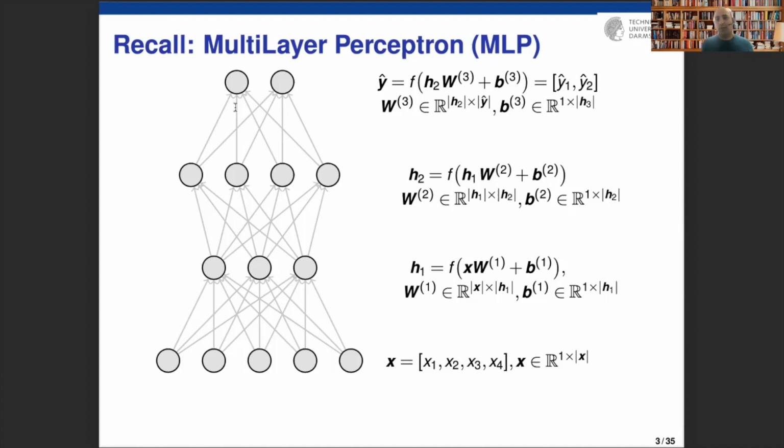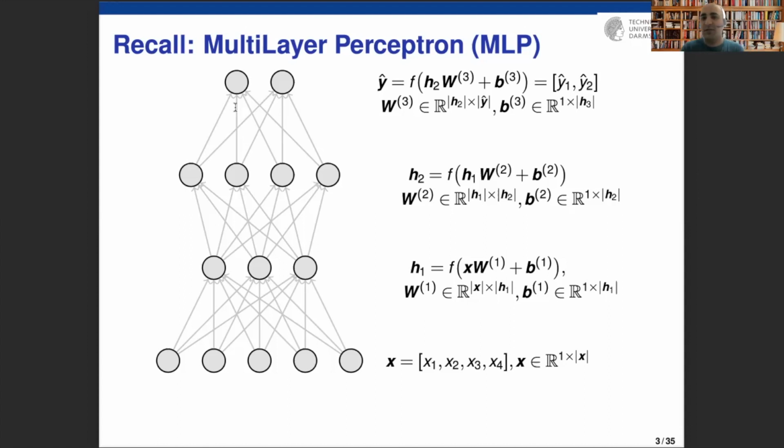As usual, we use the notation X to refer to the input vector. So let's say X would be a vector x1, x2, x3, x4, a vector with 4 or 5 elements. It doesn't matter how many items we have.